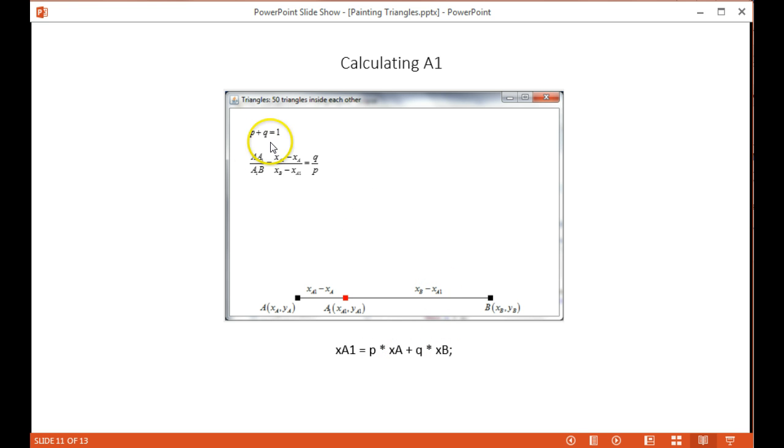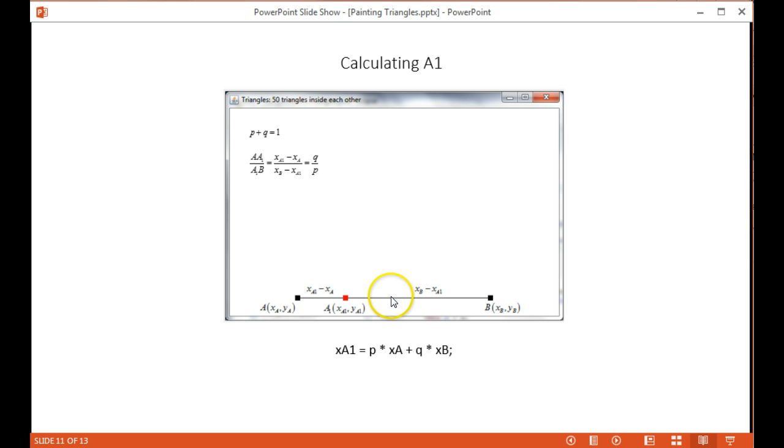And now we also have this P and Q in here. We know for sure P plus Q equals 1. And it seems from what we've seen so far that P and Q help us decide the ratio between this segment and that segment, right? We saw that when P and Q were equal, we ended up with equal segments.